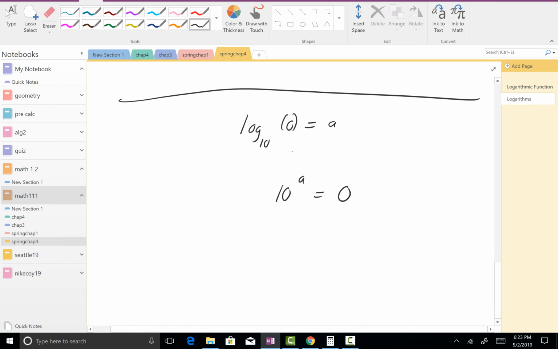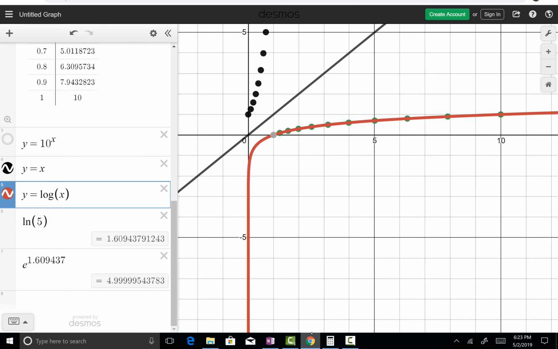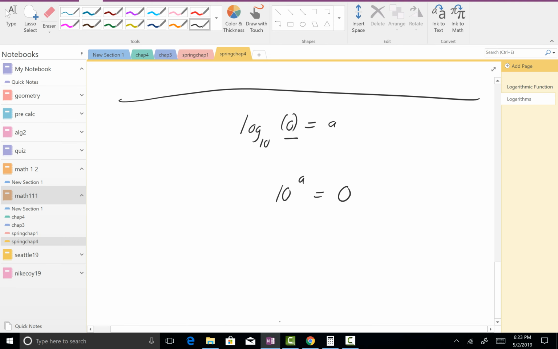So that means that this here does not work. All right, so on your graph, yes, it's going to get very close to x, very close to 0, sorry, but it's never going to hit 0. Okay, it is going to grow. So the domain of a general log function is x has to be greater than 0. The range, though, we're okay.